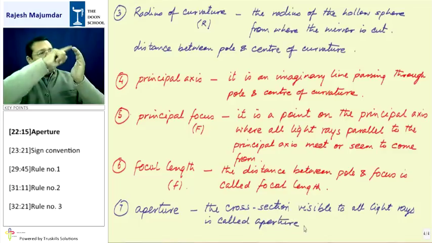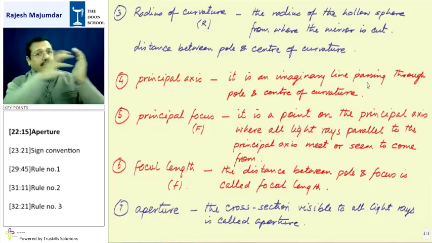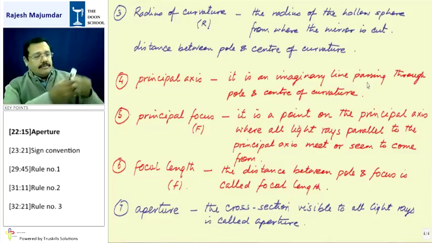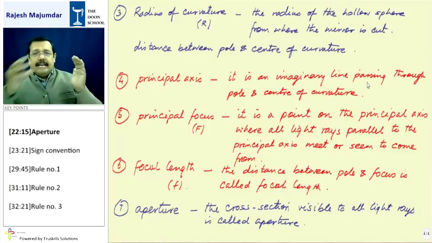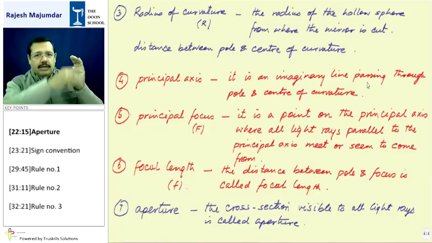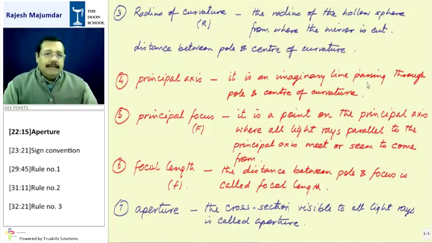Aperture means what is the entire area that is available to us or to the light rays to fall. So if I say that this is the lens, then this aperture is a rectangular area. If I say that we take an ordinary small concave or convex mirror, we see a circular patch. That circular patch is called the aperture. So these are the definitions.